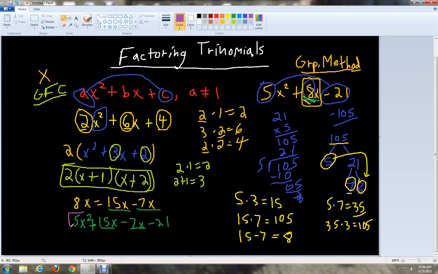We take one group here, 5x squared plus 15x, we'll factor this group, and then our other group, second group, is negative 7x minus 21, and we factor that group, and then somehow we'll be able to factor the whole thing.